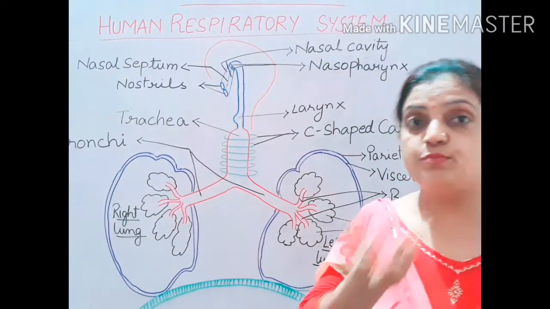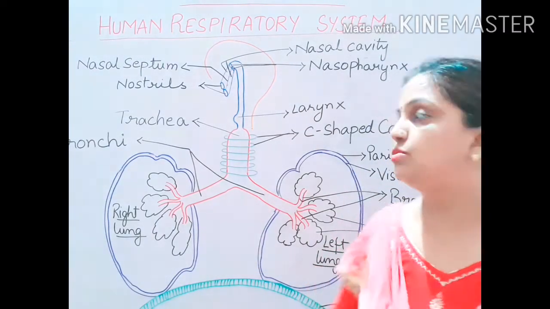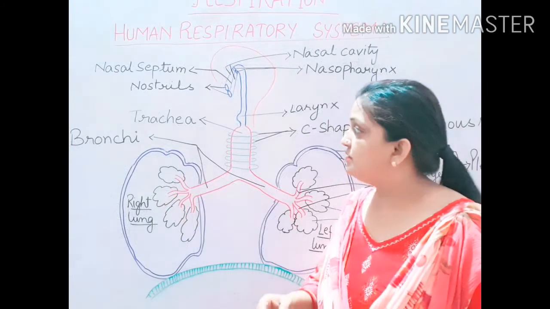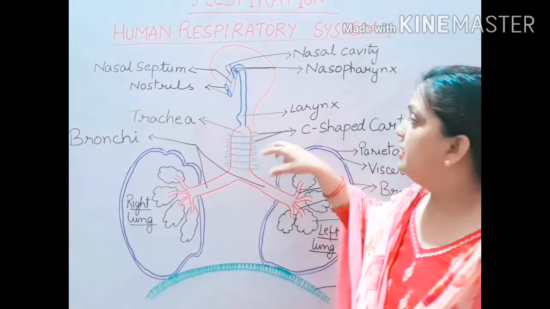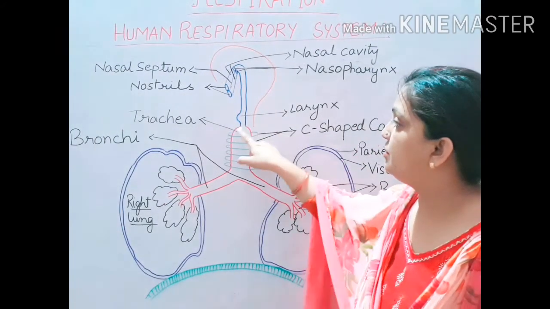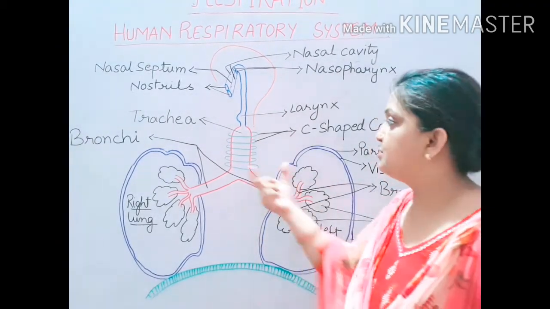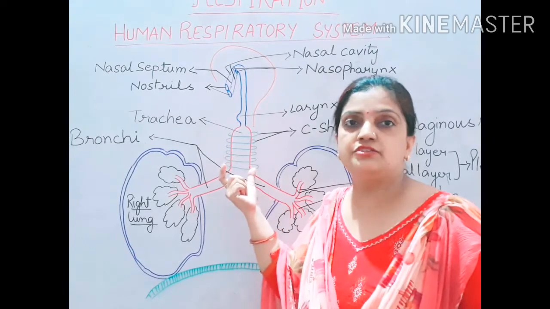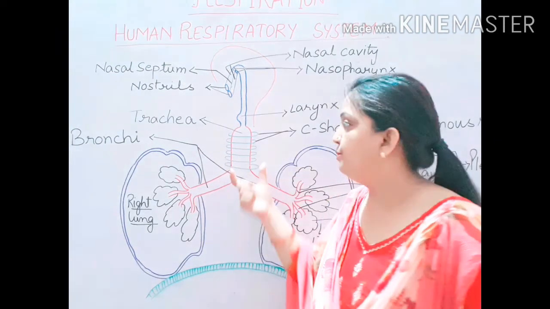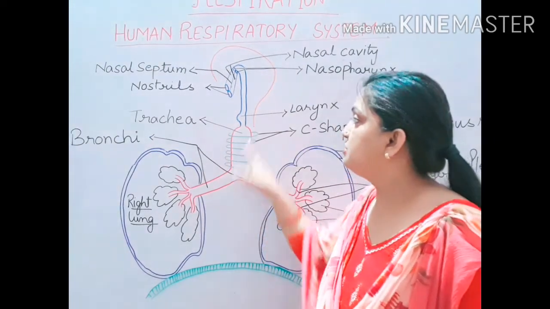It is a voice box, we can call it a voice box also. So this was the larynx. Now you can see that I have drawn with red color a broad tube, and this broad tube is called the trachea. It is a wide tube which is called the trachea.